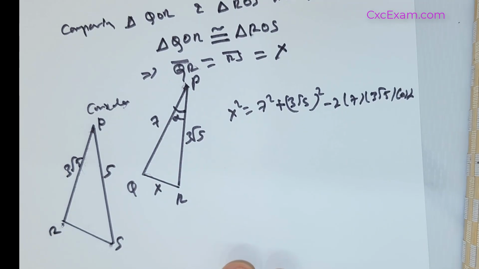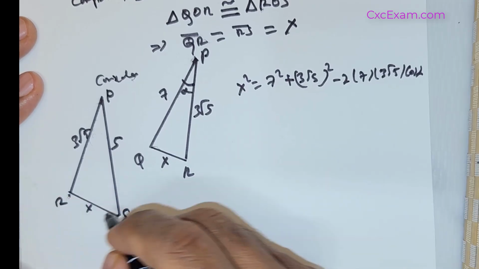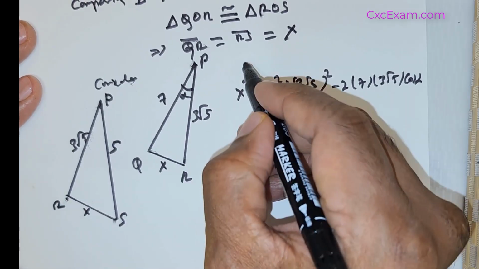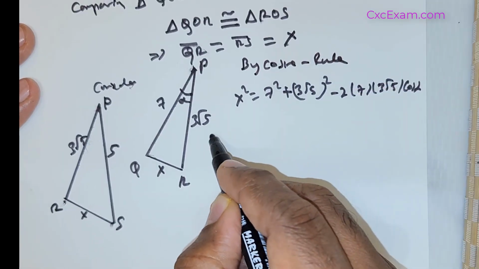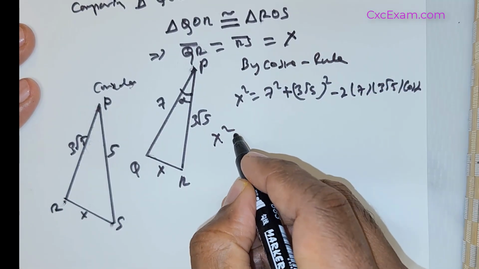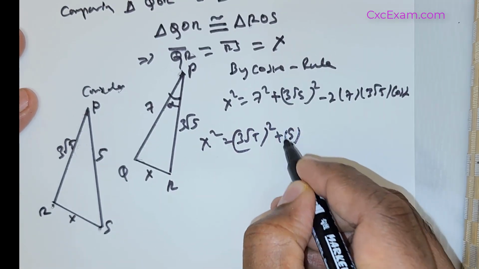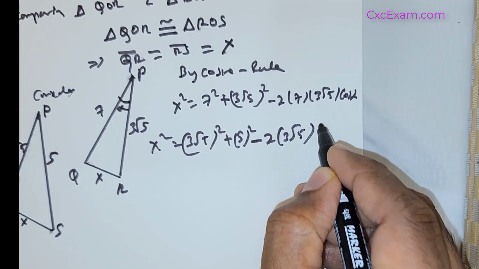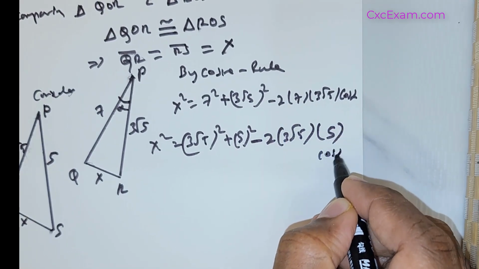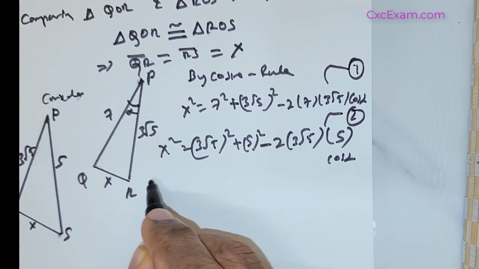So this is X, as I mentioned to you, and we will apply the cosine rule. So x squared is equal to (3 root 5) squared plus 5 squared minus 2 times 3 root 5 times 5 times cos alpha. I take this as 1, I take this as 2. We can equate 1 with 2.